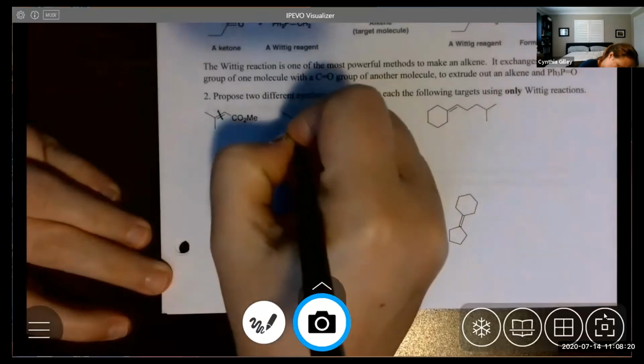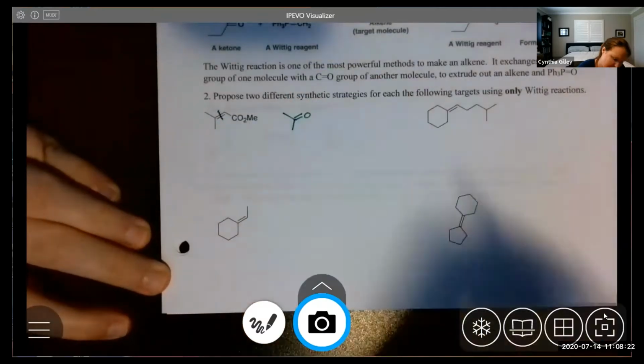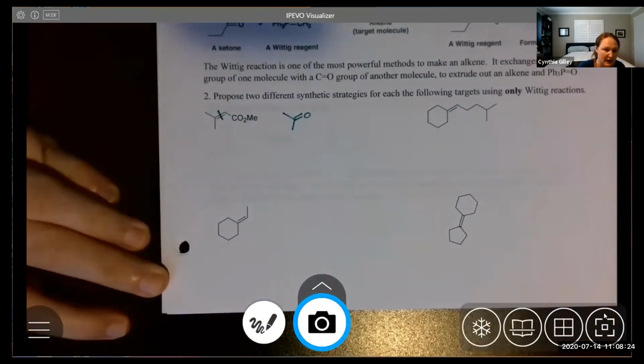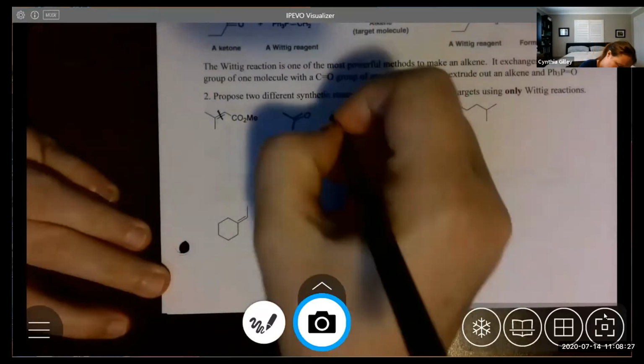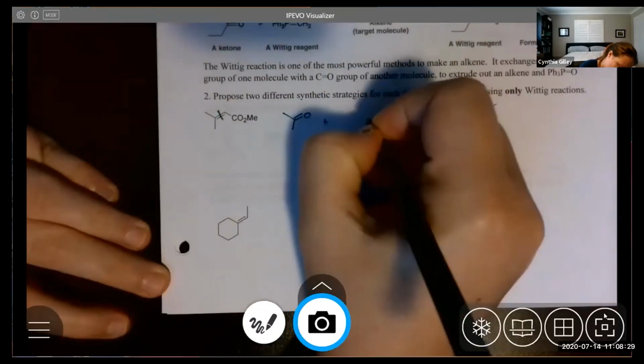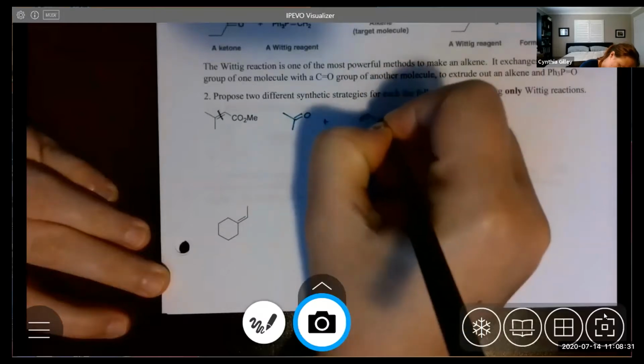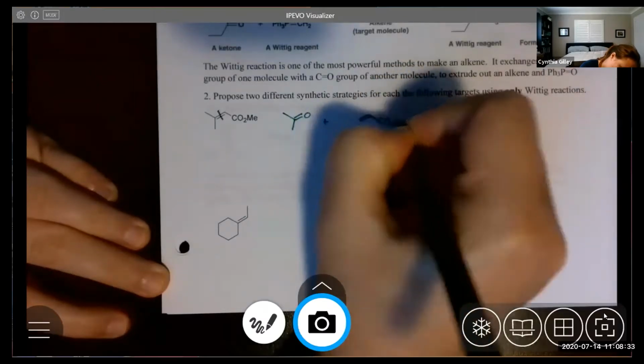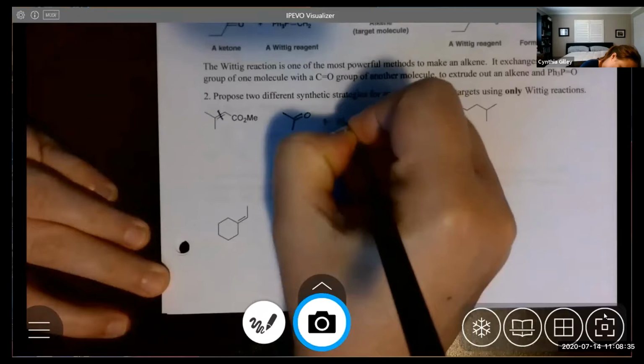We can either put the carbonyl on the left or the right. Let's say we put it on the left, that would make acetone. Then in that case, we would attach the other carbons to a triphenylphosphine.